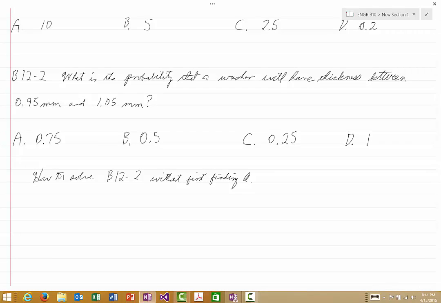Okay, so the probability that we want, again here, is that X will be between 0.95 and 1.05. And so P is equal to, we know that's the integral from 0.95 to 1.05 of f of little x dx.